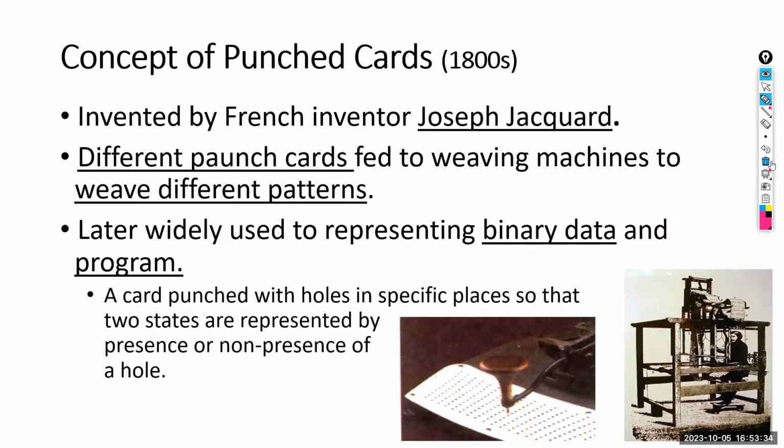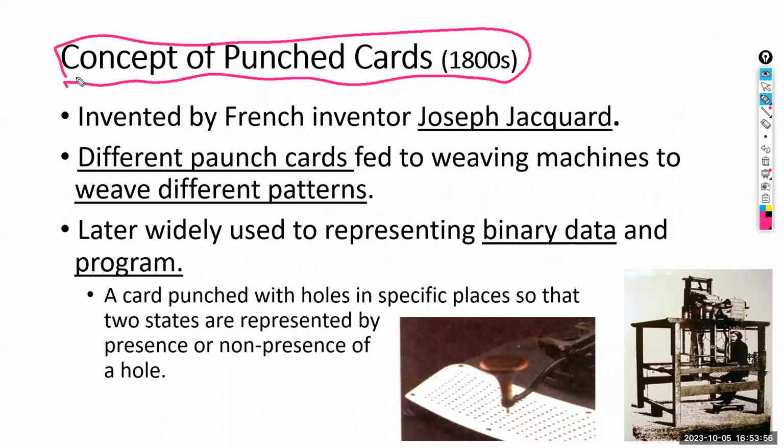So this is the concept that later computer engineers, mathematicians use to feed the programs to computers. This is the inception of the idea of program, which is super important, a clever idea. So that is Joseph Jacquard's punch card.